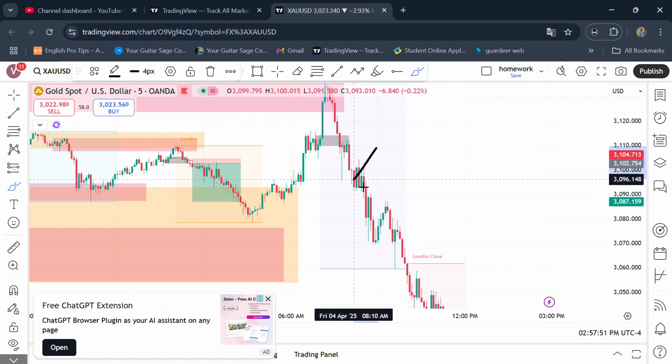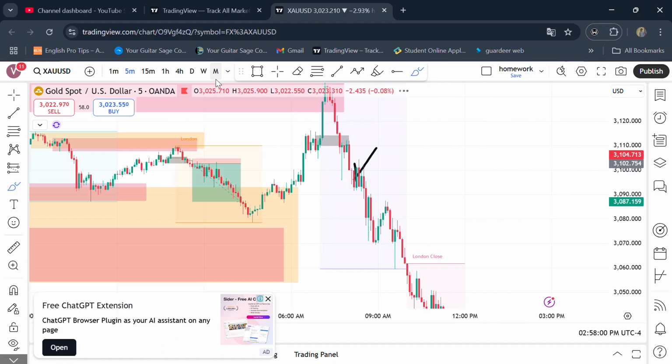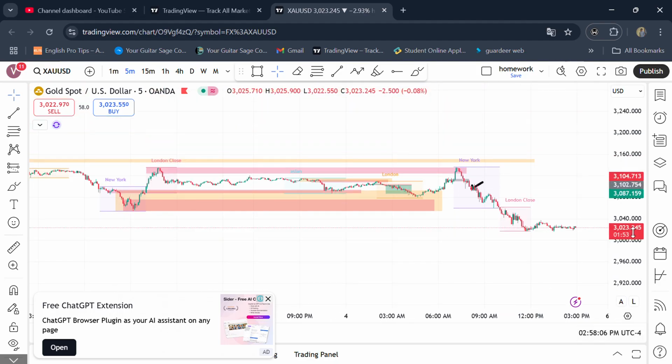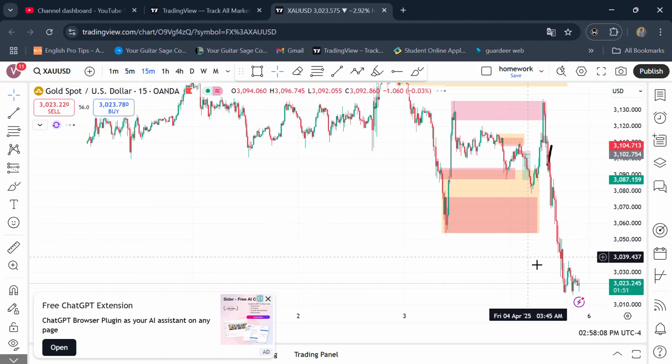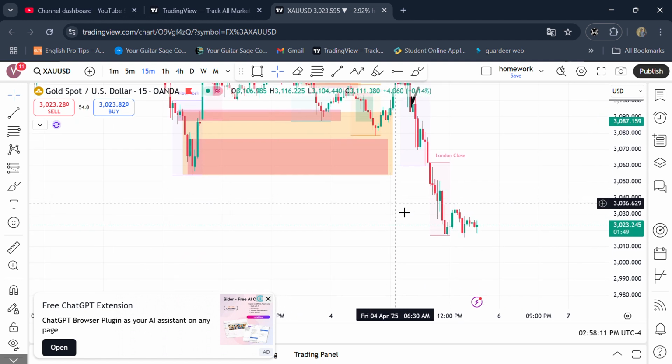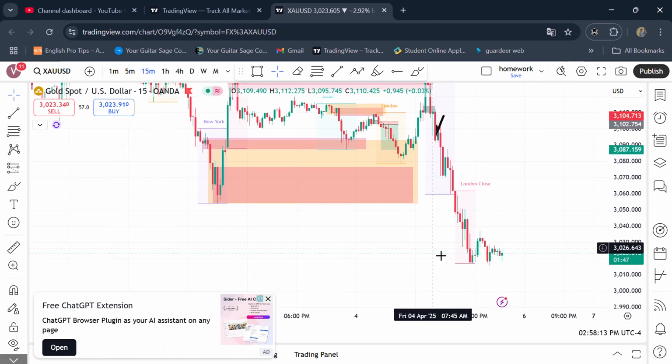I came to the screen around here. So there was no point for me to take that trade. But what I did do was I kept waiting for a buy side trade, because after all this fall, it was thought that there could be a possible retracement.